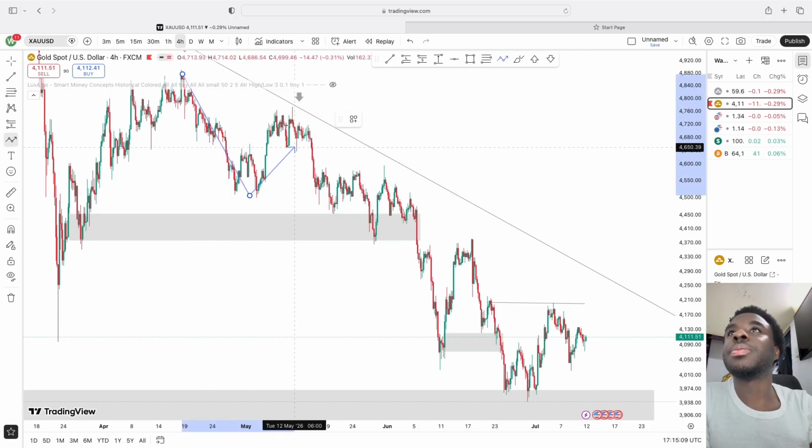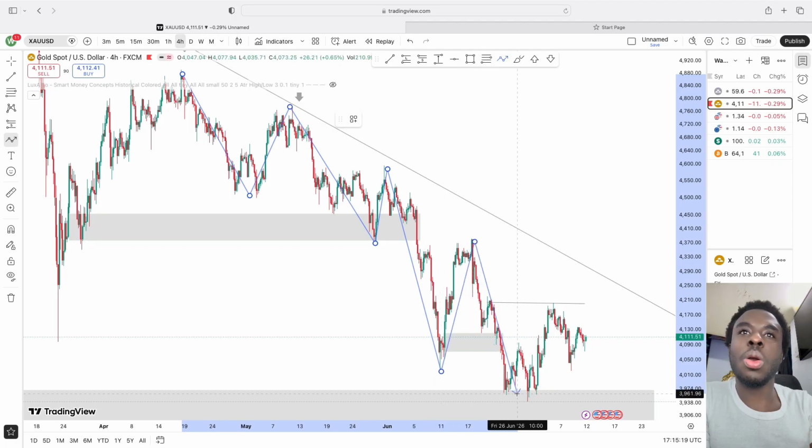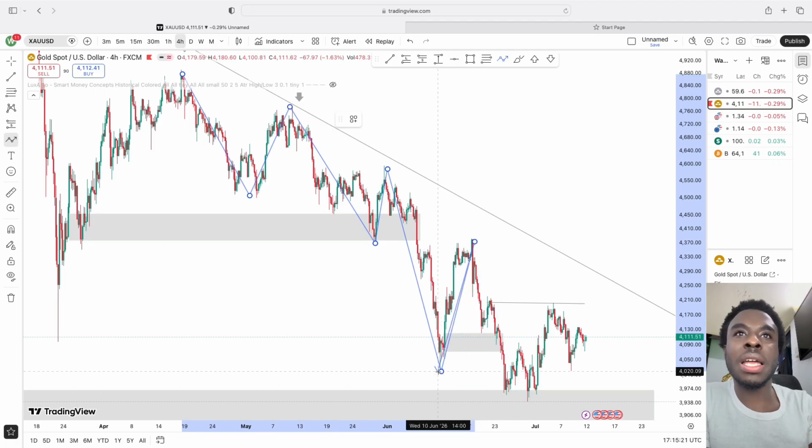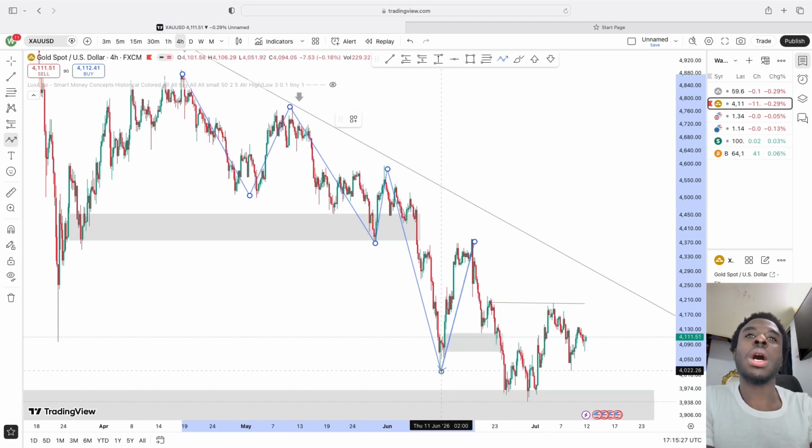You can see lower low, lower high, lower low, lower high. This is the lower high that caused this lower low to break this previous low, right?